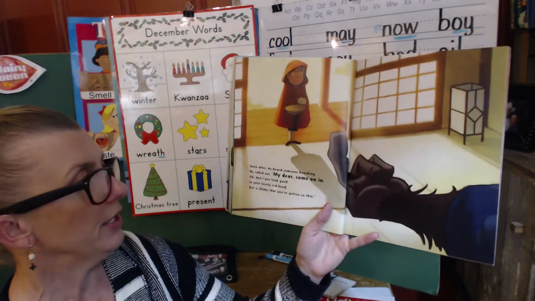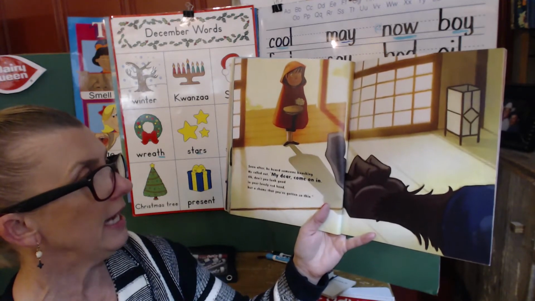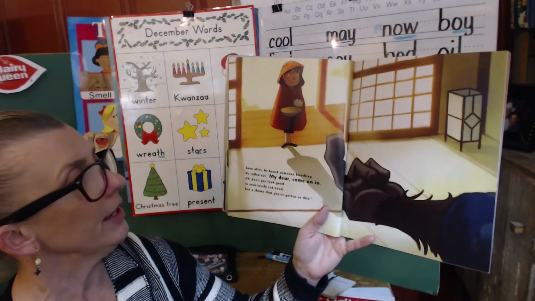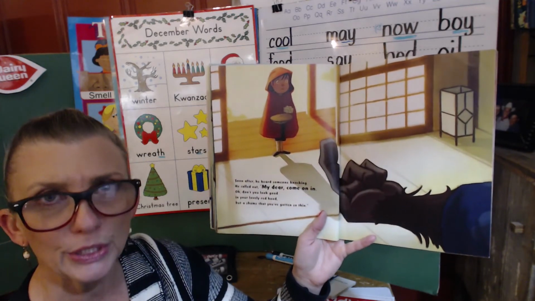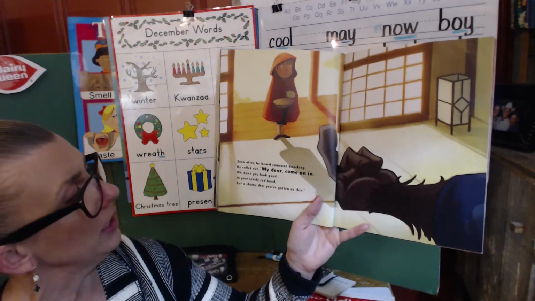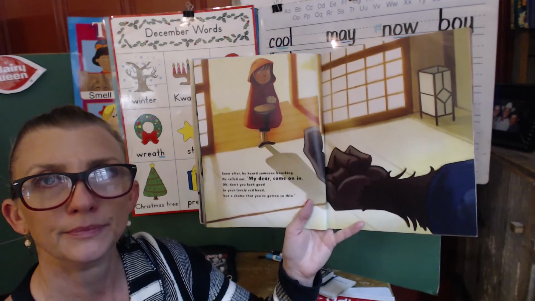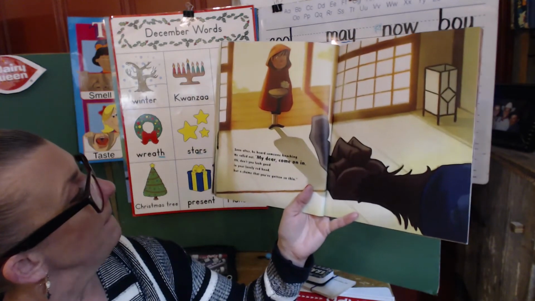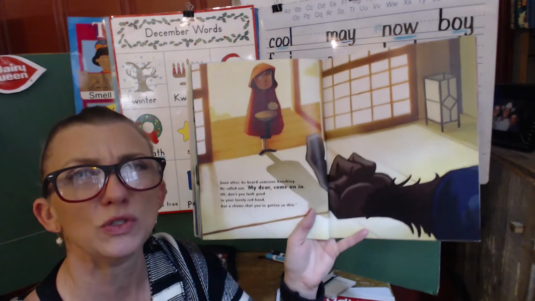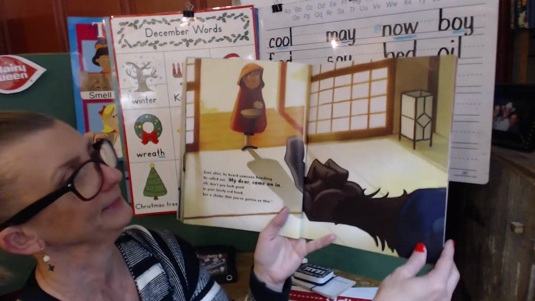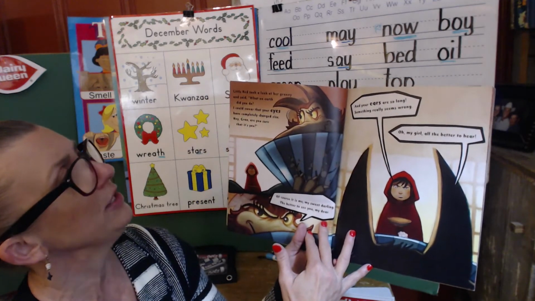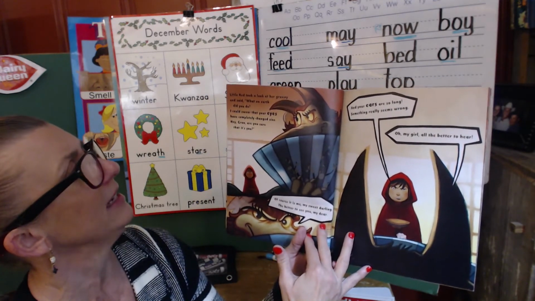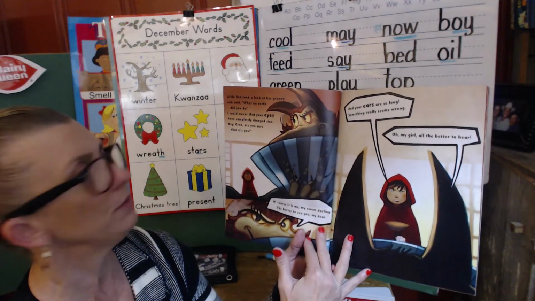Soon after he heard someone knocking, he called out, "My dear, come on in. Oh, don't you look good in your lovely red hood? But a shame that you've gotten so thin." Little Red took a look at her granny and said, "What on earth did you do?